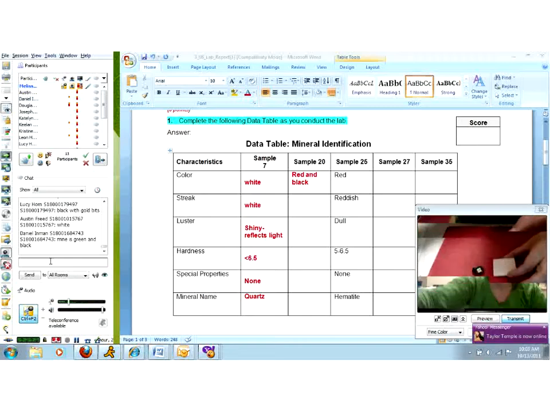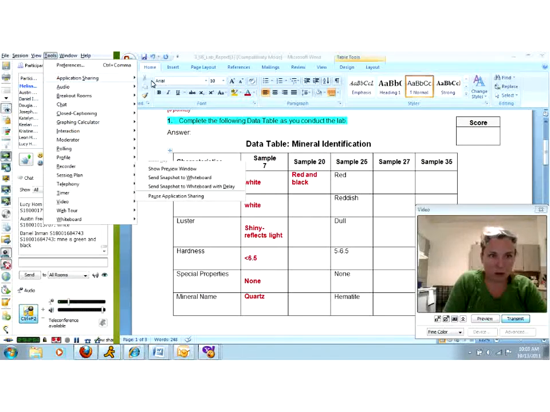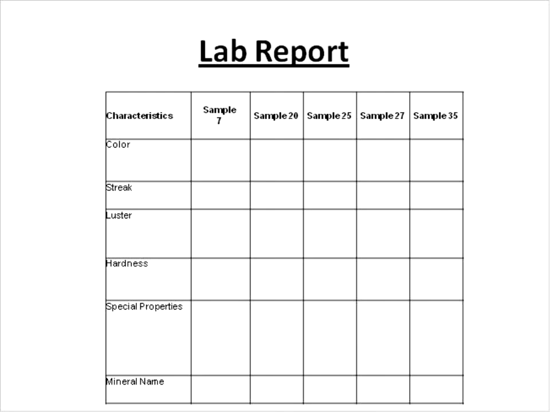You can't see it real well, but go ahead and do this at home. So go ahead and drag yours across the streak plate. Once you have yours dragged across the streak plate, go ahead and put what color the streak is.